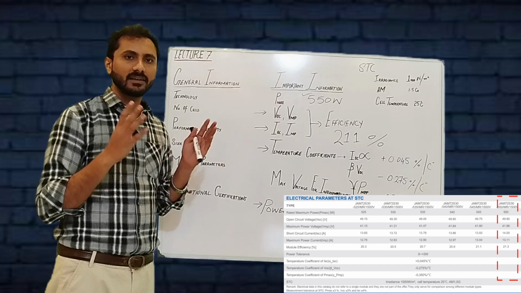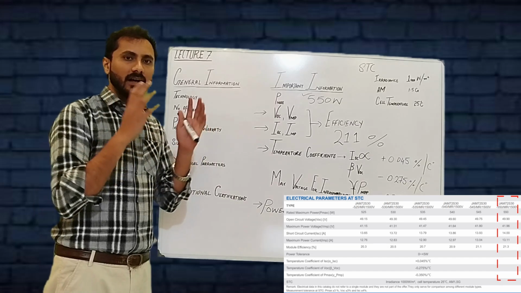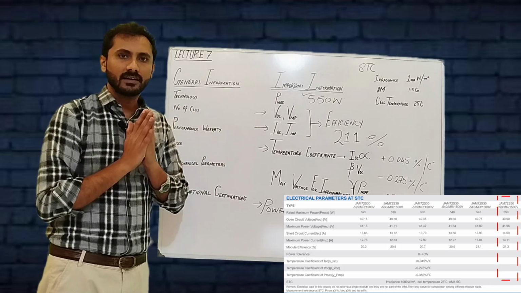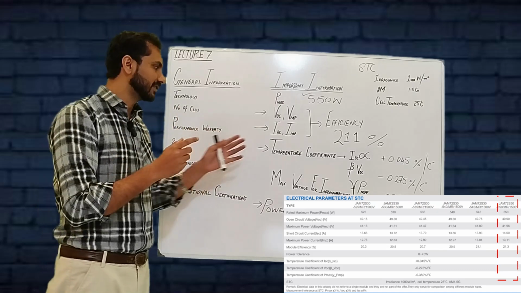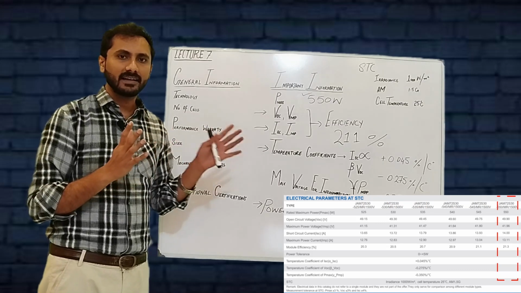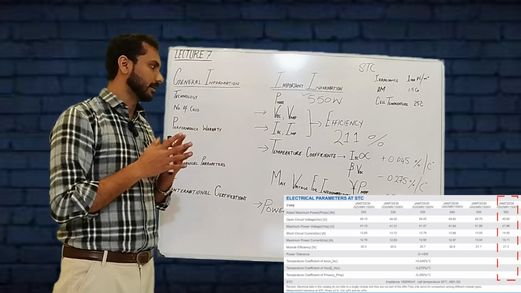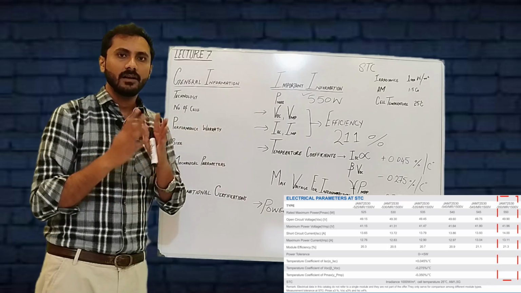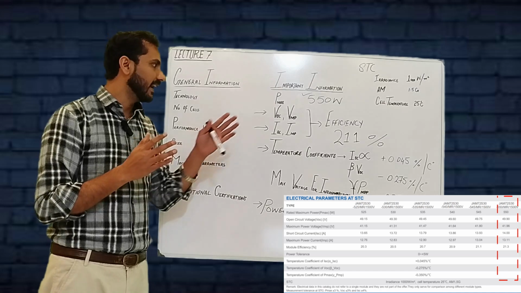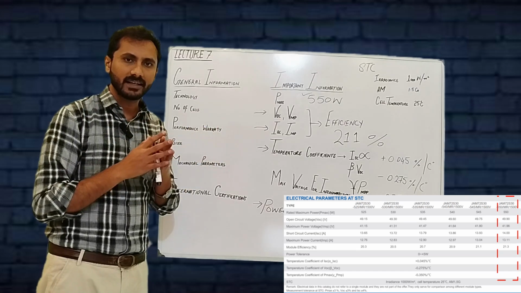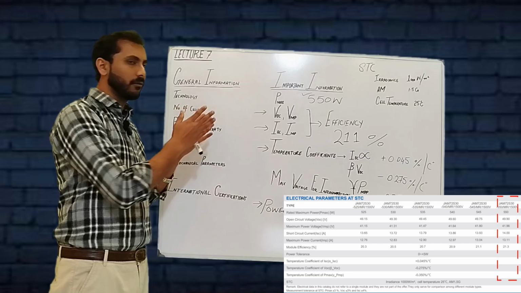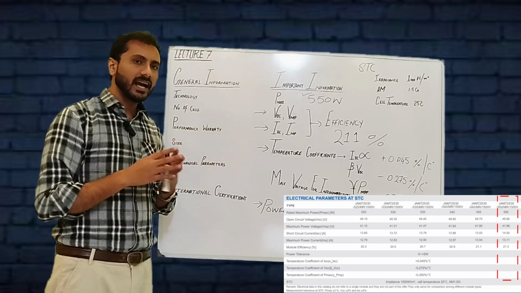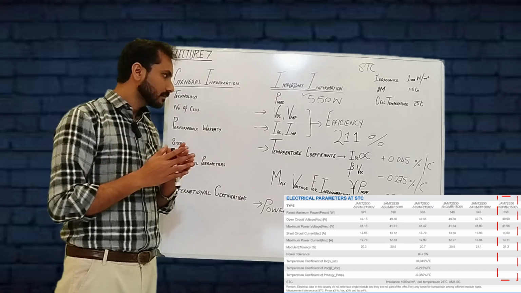Same for the current: when the circuit is short, when the leads are connected only with one solar panel, the maximum solar current at zero resistance will be the short circuit current, and it is around 14 amps. We can see from the datasheet the open circuit voltage is around 49.9 volts, and the VMP voltage when the panels are connected and strings are formed is 41.9 volts. The short circuit current is around 14 amps, and the IMP will be around 13 amps.